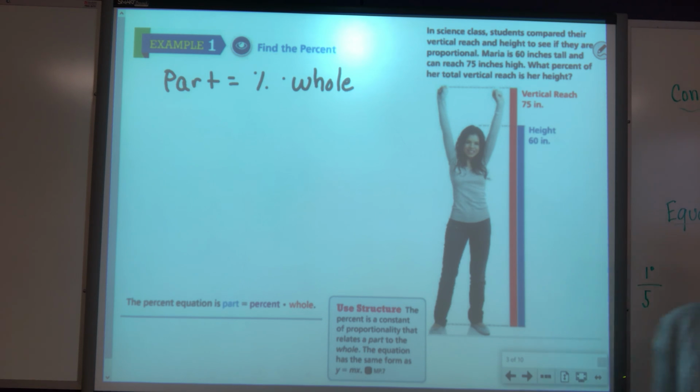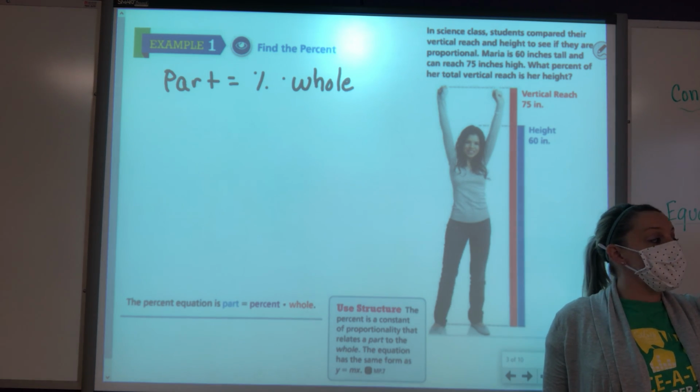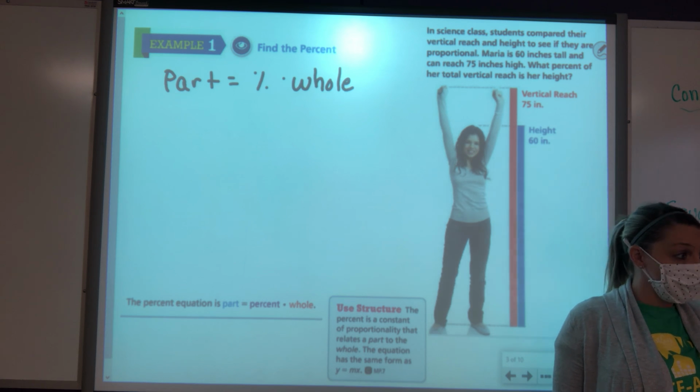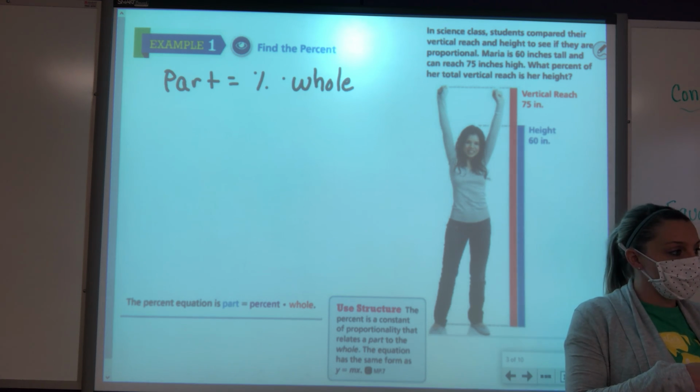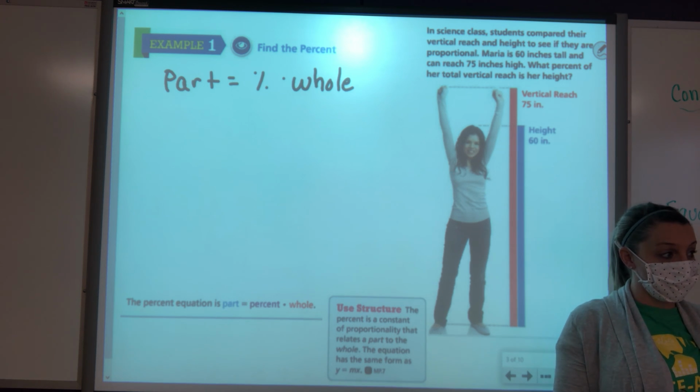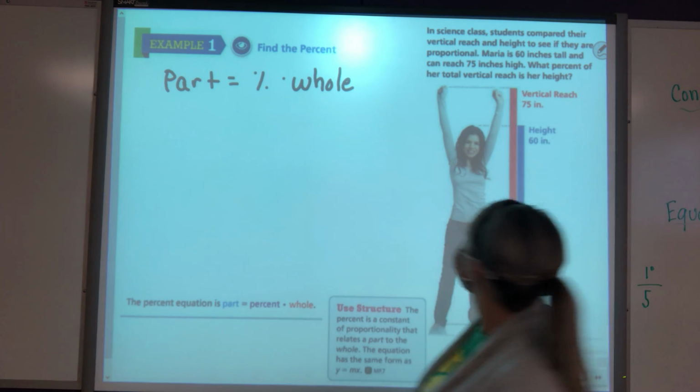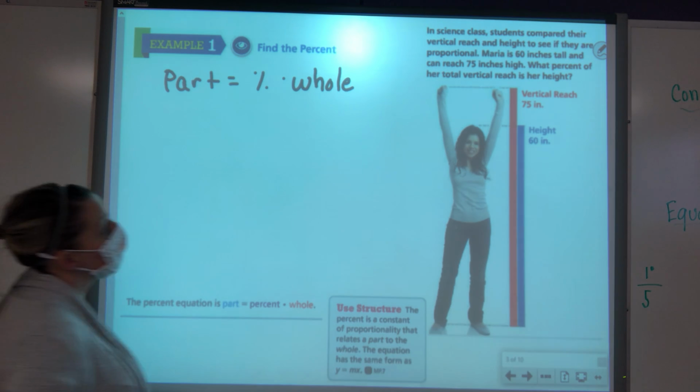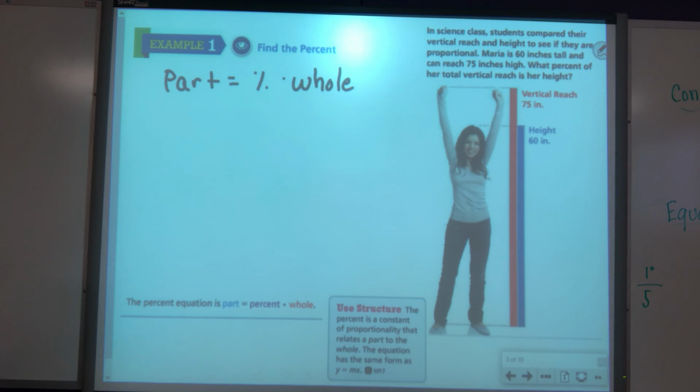Okay, so what we're saying is that we can rewrite it to find the part and the whole like we did on Monday. So could we say an is and of question?